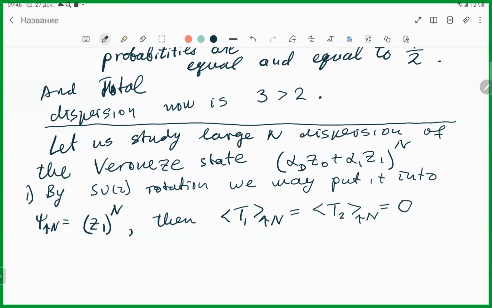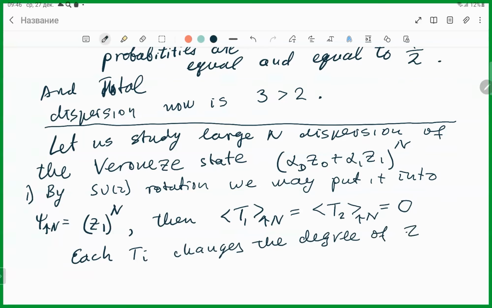So how am I showing this? Each t changes the degree of z1.